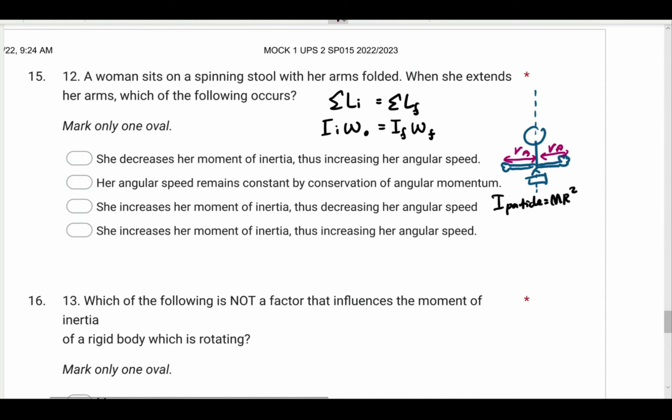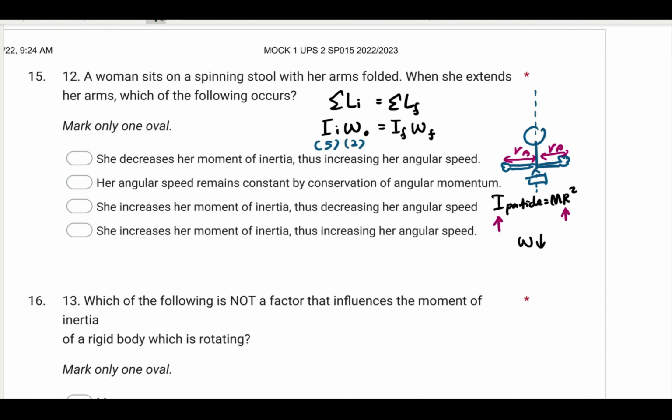Therefore, when r is increasing, the moment of inertia becomes bigger. When the moment of inertia is bigger, the object rotates more slowly, so omega will be smaller. For example, when she extended her arms, the moment of inertia is 5 and the angular velocity is 2 radian per second. So 5 times 2 is equal to 10.